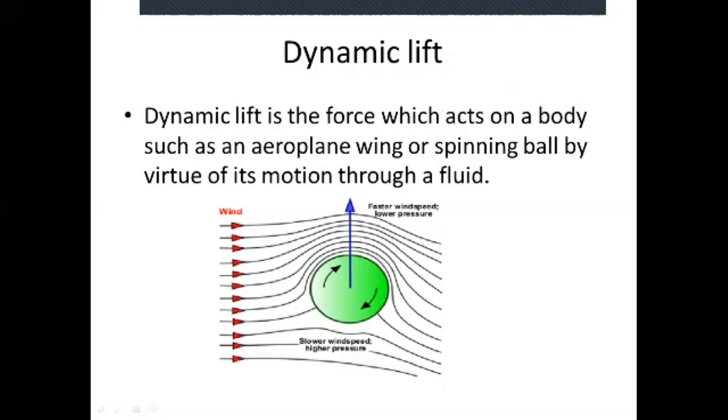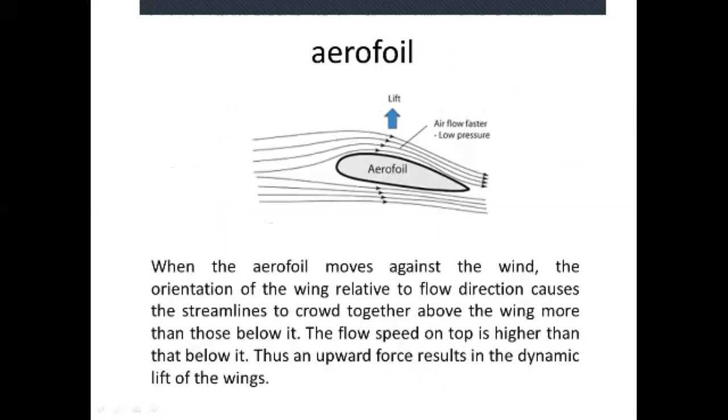For example, if it is spinning in a clockwise direction, the upper streamlines will move at a higher speed, therefore lower pressure, and the lower streamlines will move at a lower speed due to the opposition of the movement of this object. That pressure difference will bring about what we call a dynamic lift, a force which will tend to lift it upwards.